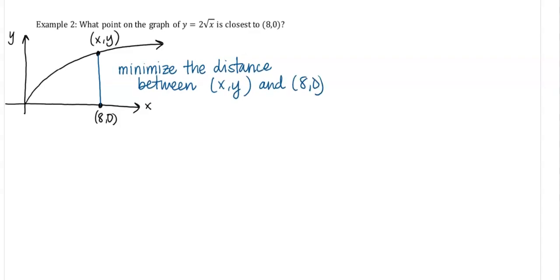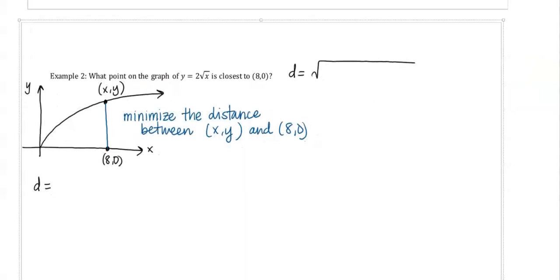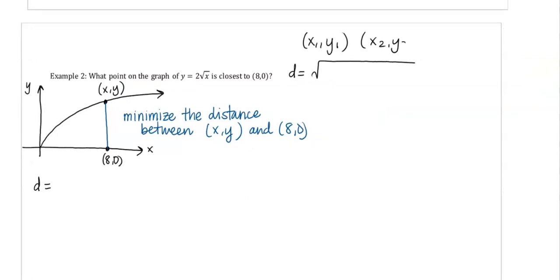So first, we have a picture. We know what expression it is we want to minimize. It is the distance. Let's write out what the distance is. I'm going to be using the distance formula. Generally speaking, the distance between 2 points, x1, y1, and x2, y2, is the square root of y2 minus y1 squared plus x2 minus x1 squared.